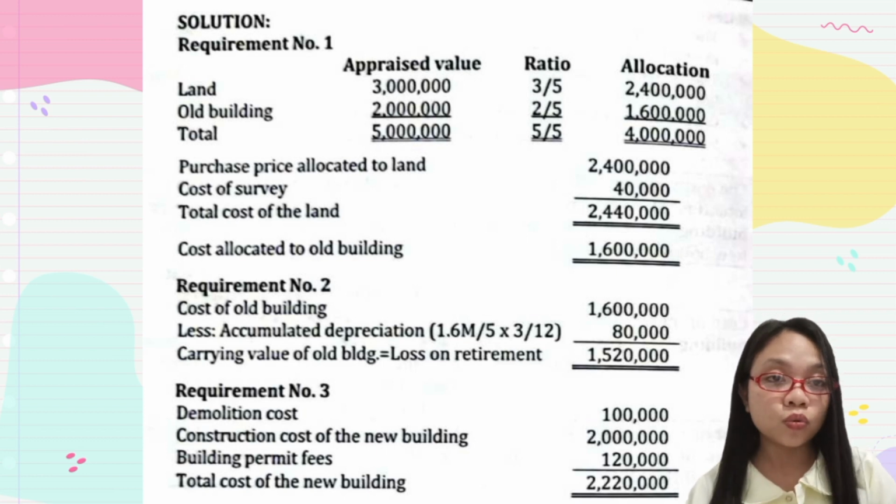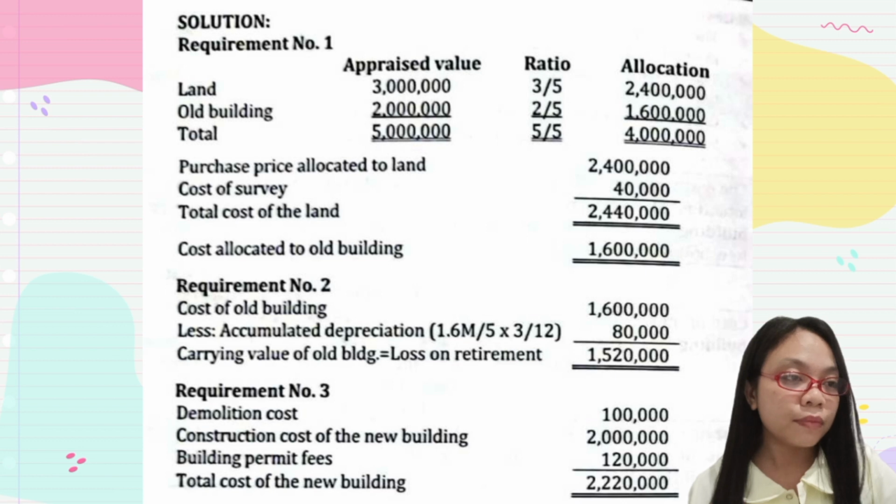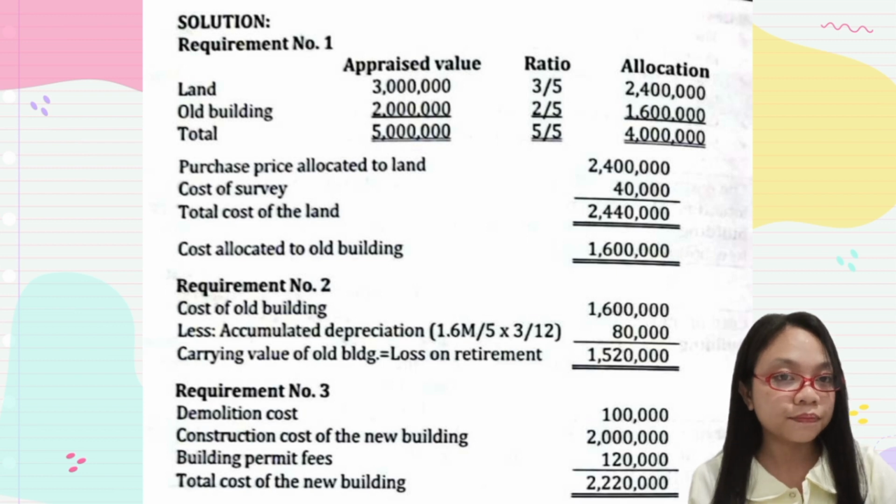So from January, February, March, we have 3 months. So 3 months over 12 months. The answer is 80,000. Then we take the carrying value of old building, which is 1,520,000, and it is considered as loss on retirement.